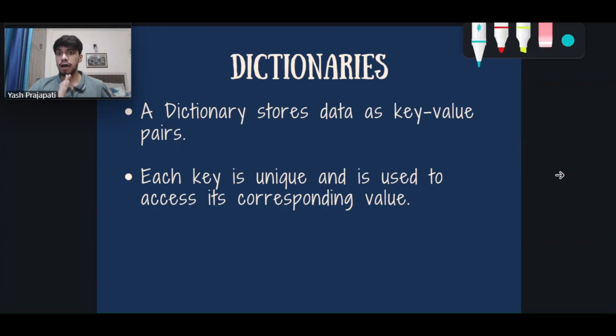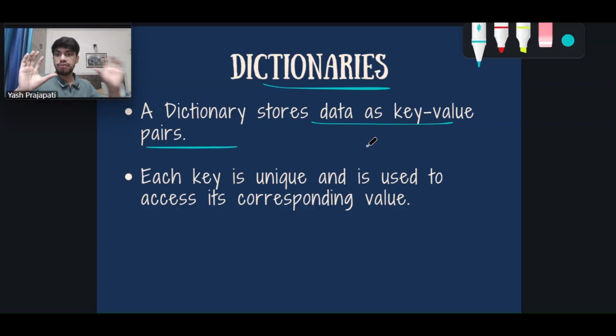There is another data type which is a dictionary. A dictionary is not similar, but it stores data as key value pairs. We have a key and a value, and we store them in the form of key value.